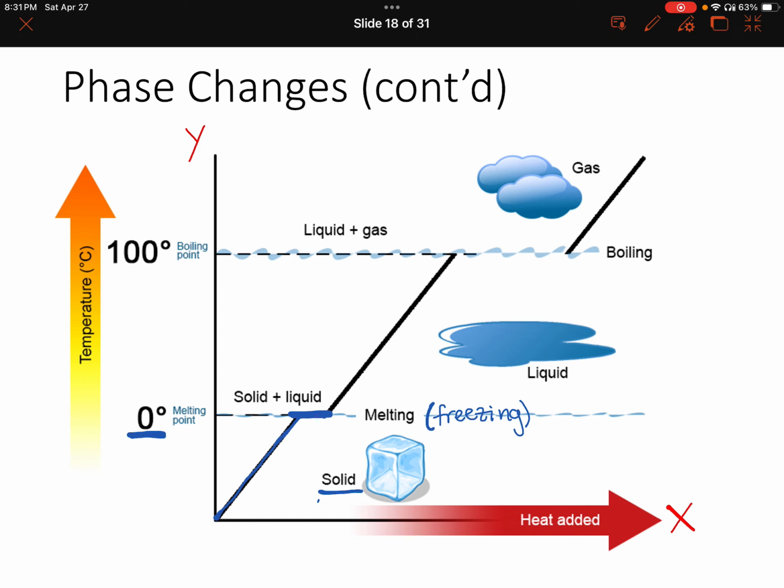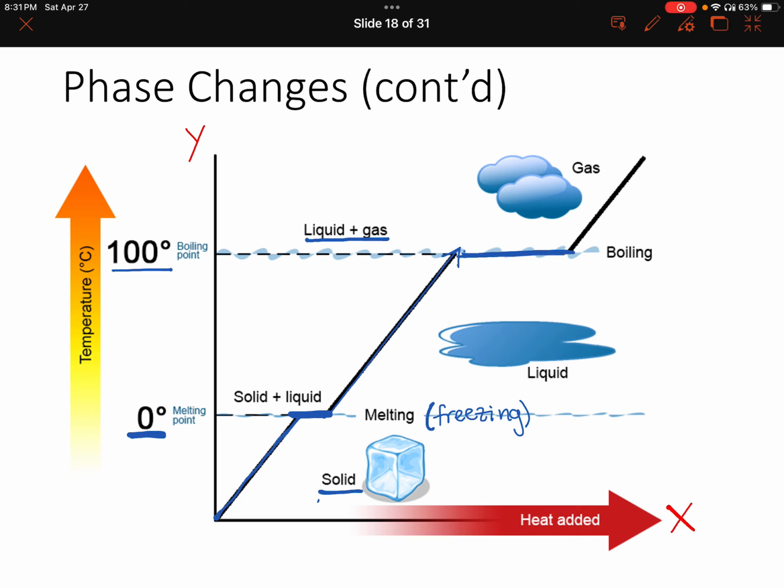Now once everything turns into liquid, then we're going to notice the temperature increase again, going up towards what's called the boiling point. So this is where the liquid would start to boil. And for water, this is at 100 degrees Celsius. Now, notice again, while the water's boiling, we have a mixture of liquid and gas, and the temperature isn't changing anymore.